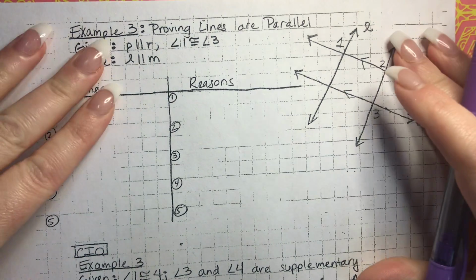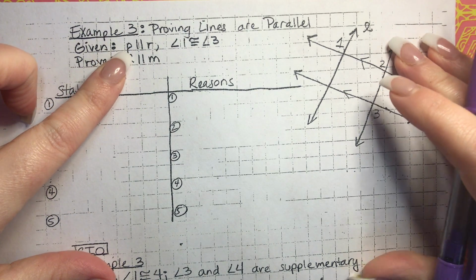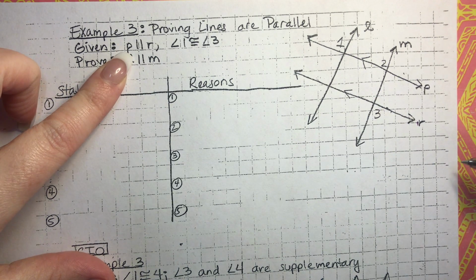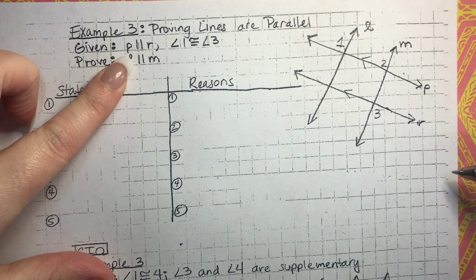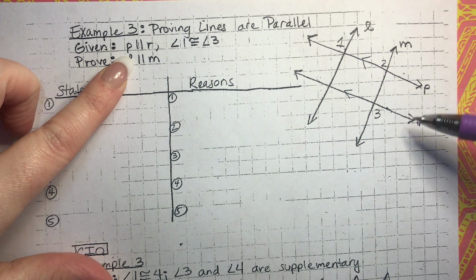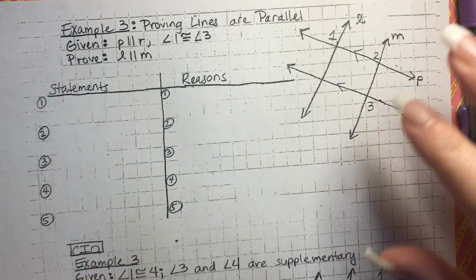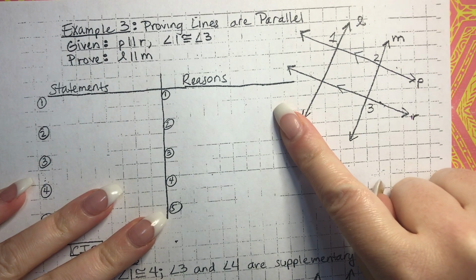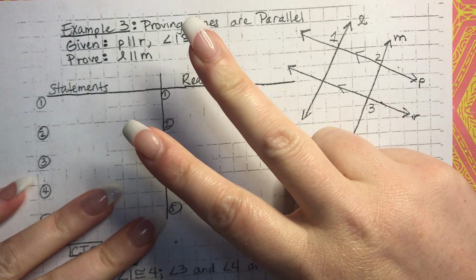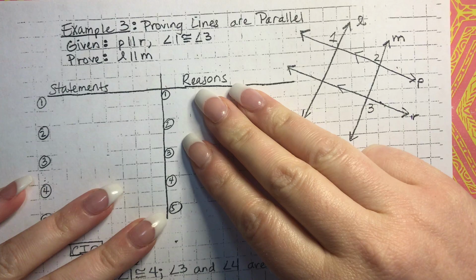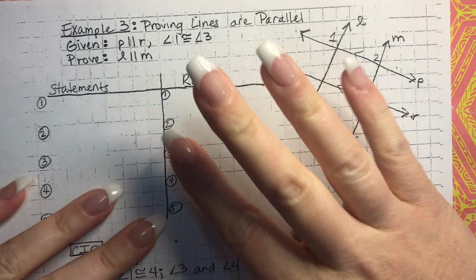Okay, so let's just take a moment and think about that. Why would they tell us that these two lines are parallel? Whenever they tell you that two lines are parallel, what should automatically pop into your mind are, number 1, the corresponding angles postulate, number 2, the alternate interior angles theorem, alternate exterior angles theorem, and same side interior angles theorem.